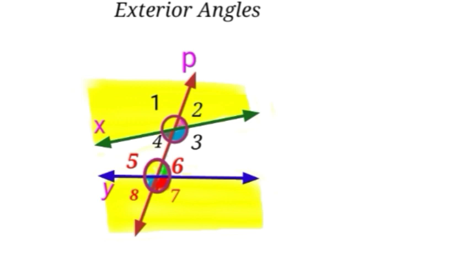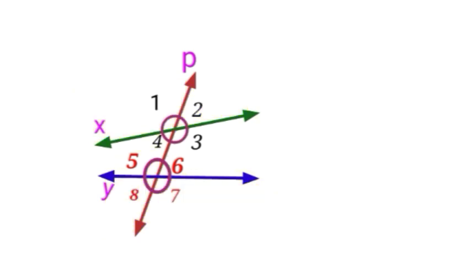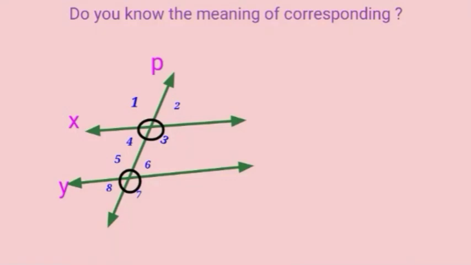As you see, the pair of angles 4 and 5 and the pair of angles 3 and 6 lie in the interior part of the straight lines as well as on the same side of the transversal line. These are called the pair of interior angles on the same side of the transversal.